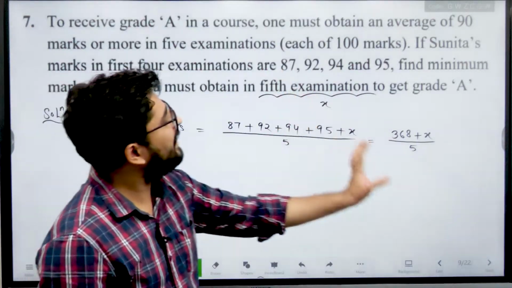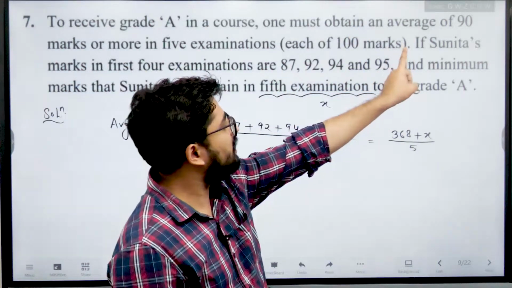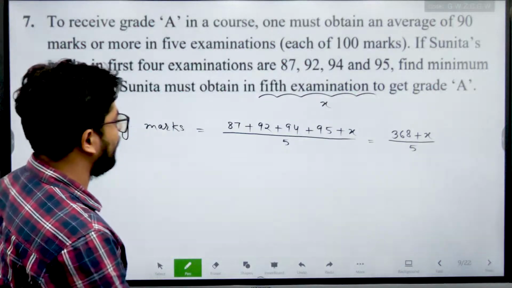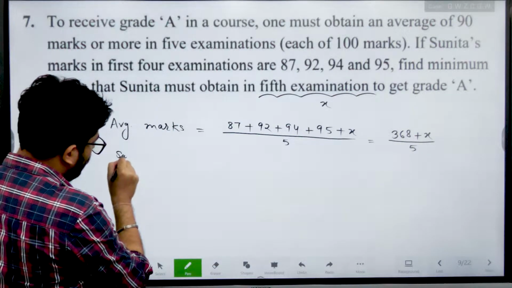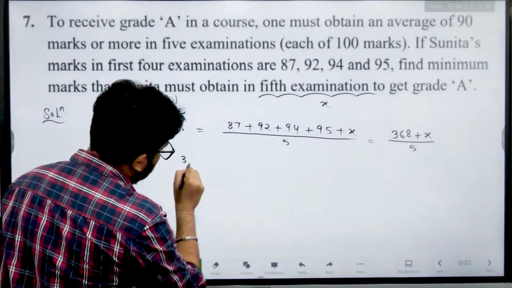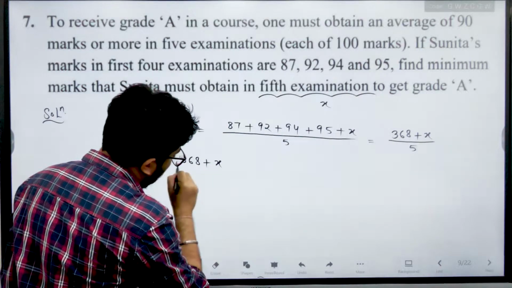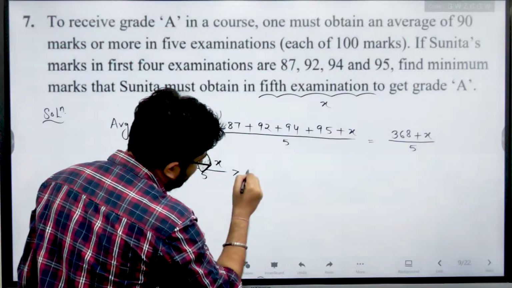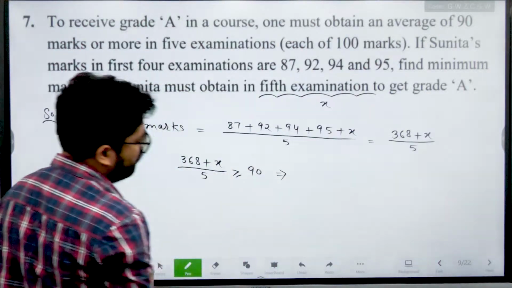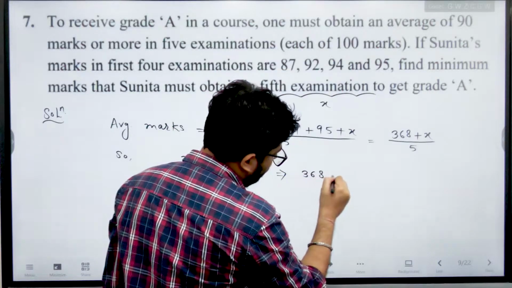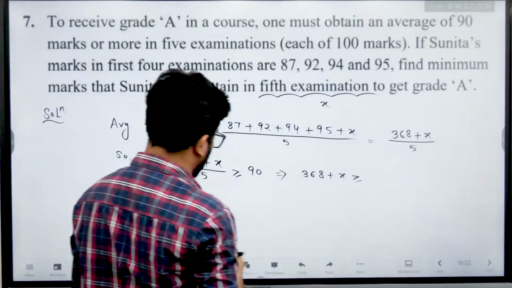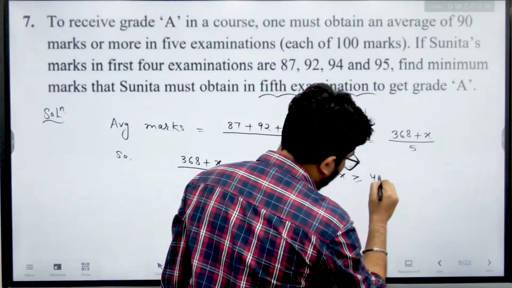To obtain grade A, her average marks must be greater than or equal to 90. So according to the condition, 368 plus x divided by 5 must be greater than or equal to 90. Multiply by 5 on both sides, you will get 368 plus x greater than or equal to 450.